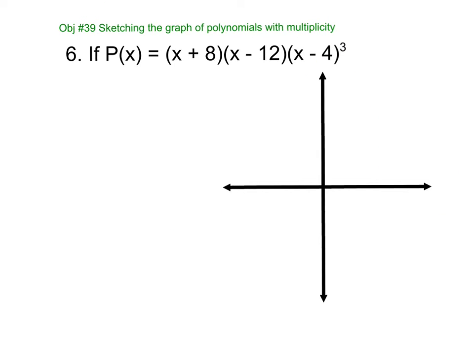All right, so now let's look at what's going to happen with this one. Start by finding your zeros again. So I've got my roots. I've got negative 8, positive 12, and positive 4.